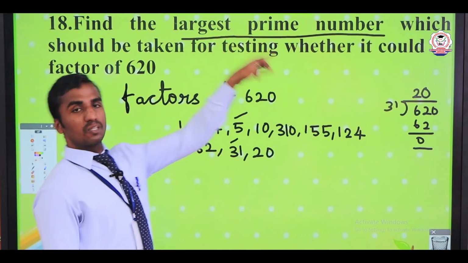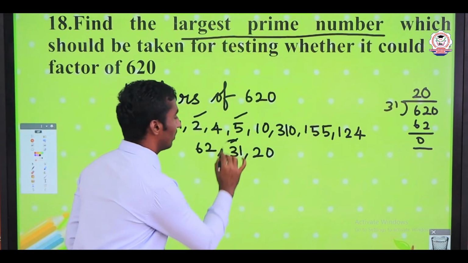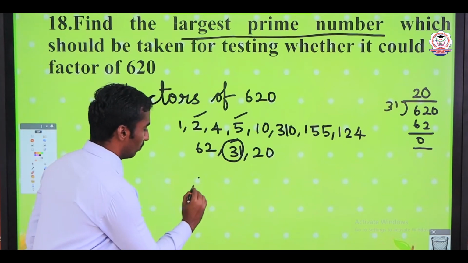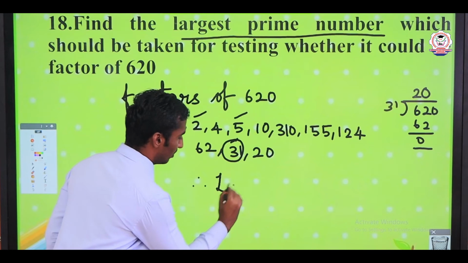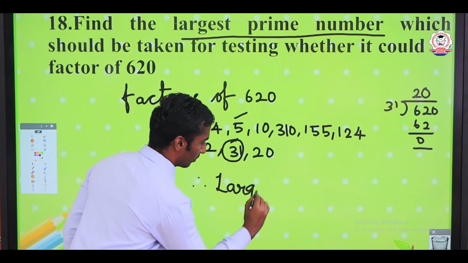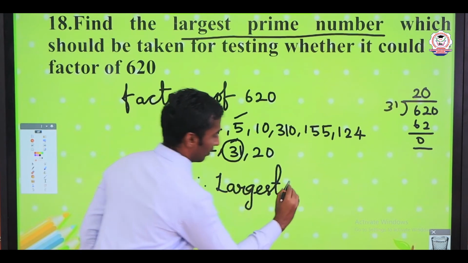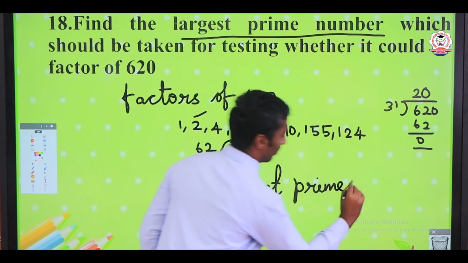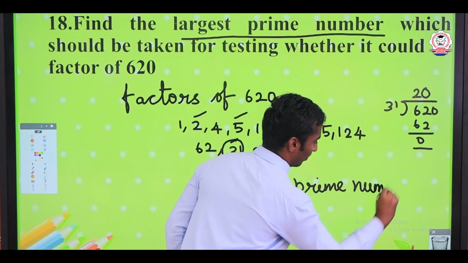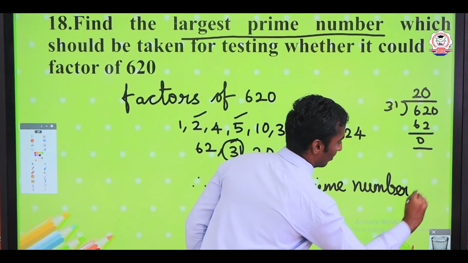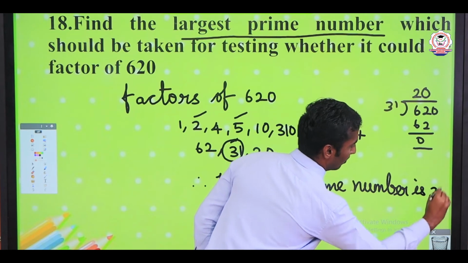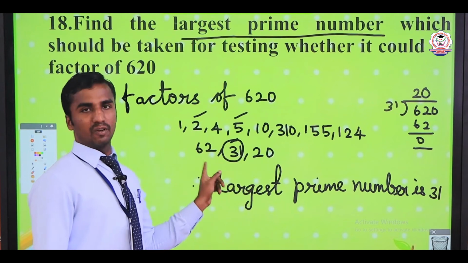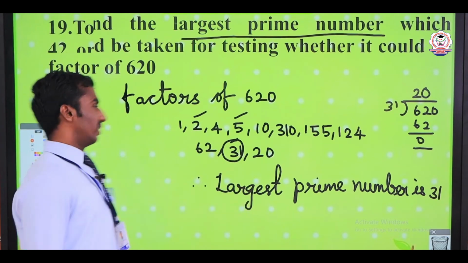They are asking for the largest prime number, so the largest prime number is 31. That is exactly divisible by 620.